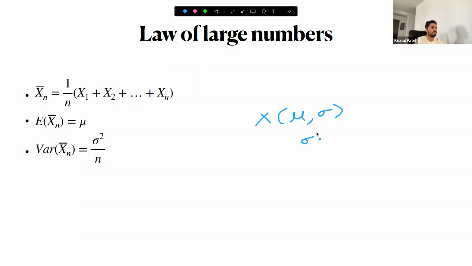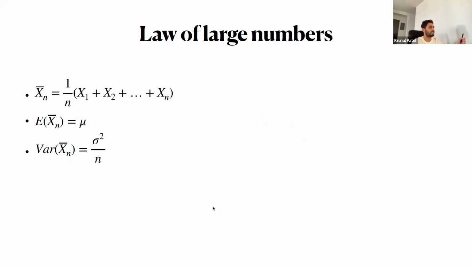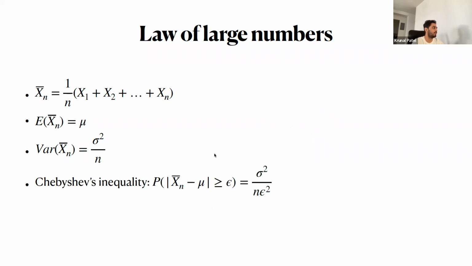In that case, my variance was sigma square. And if the variance of x was sigma square, then the variance of x n bar will be given by sigma square by n, right? Again, these are standard calculations that you can do even using the formulas that we saw earlier.